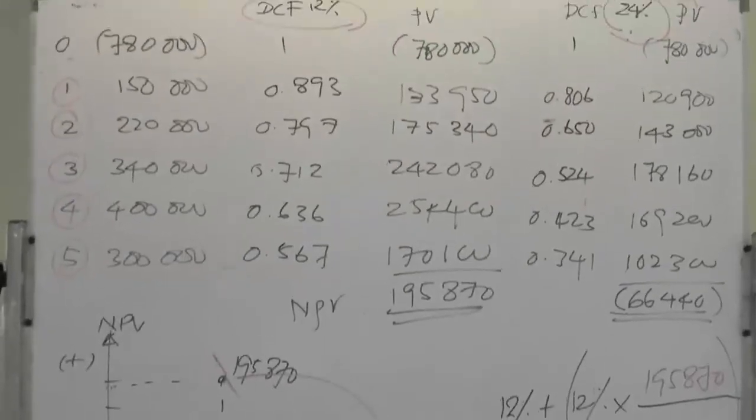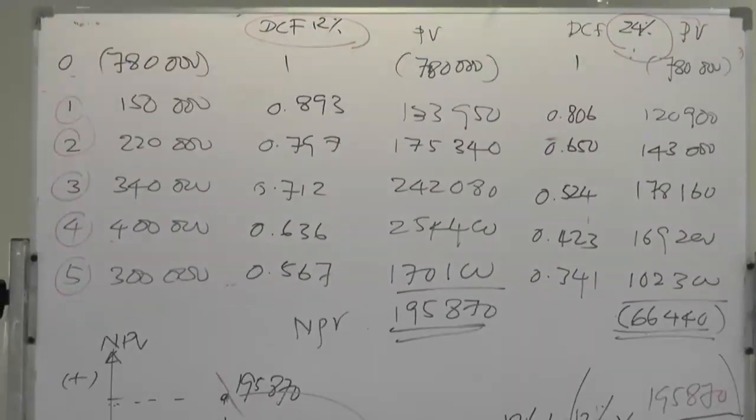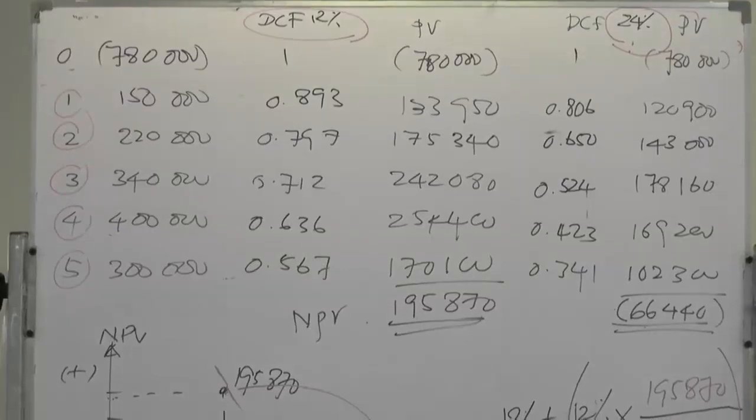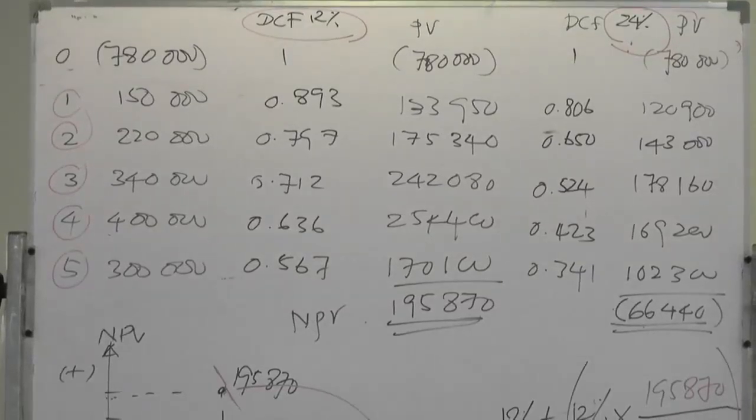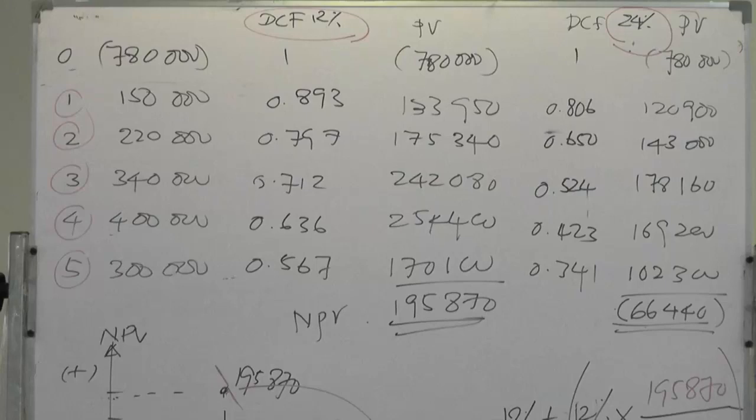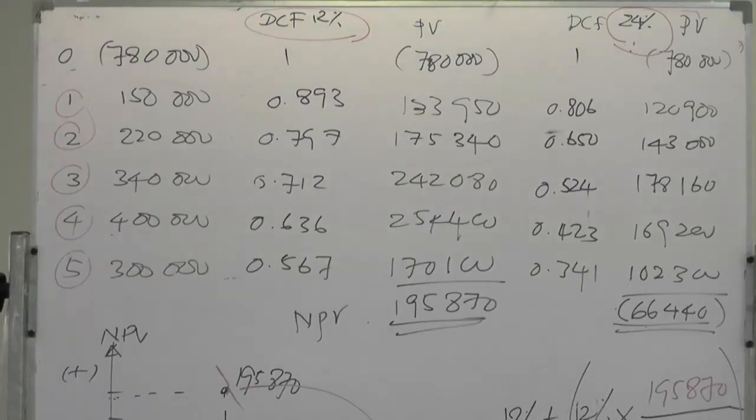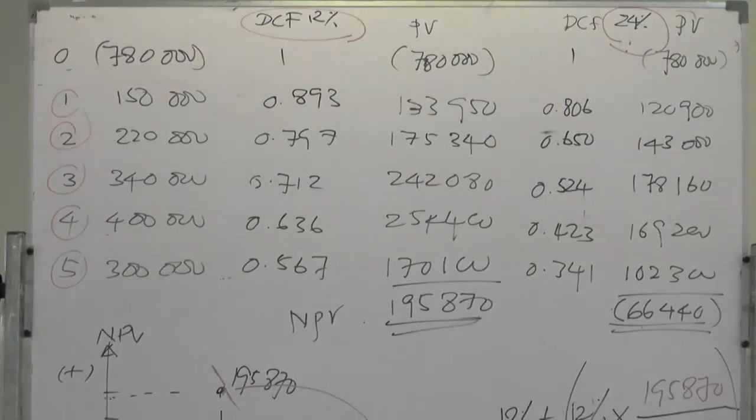See the calculation we made for the previous question. Now, in the first NPV calculation, the NPV was 195,870 plus at a 12% discount rate, at 12% cost of capital. If you assume a cost of capital of 12%, NPV is 195,000 plus.